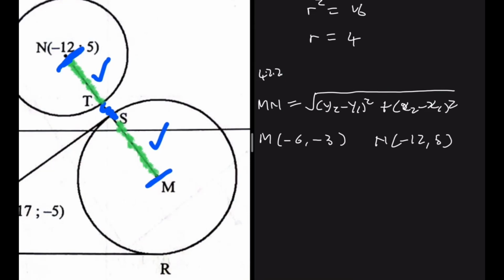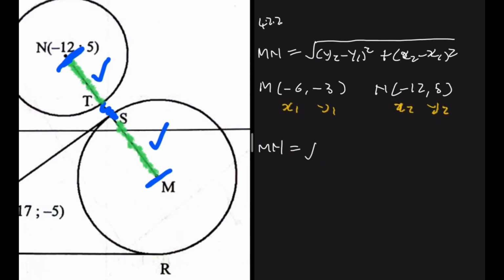So to avoid any confusion, I'm going to say that this is x1 and this is y1, this is x2, this is y2, right? Obviously, you can do it in your head if you're comfortable with that, but I prefer just playing it safe. And then we're going to have y2 minus y1, so that will be 5 minus minus 3, so that will be plus 3. And then squared plus x2, that is minus 12, and then minus minus 6, so that will be plus 6. And then I square that.